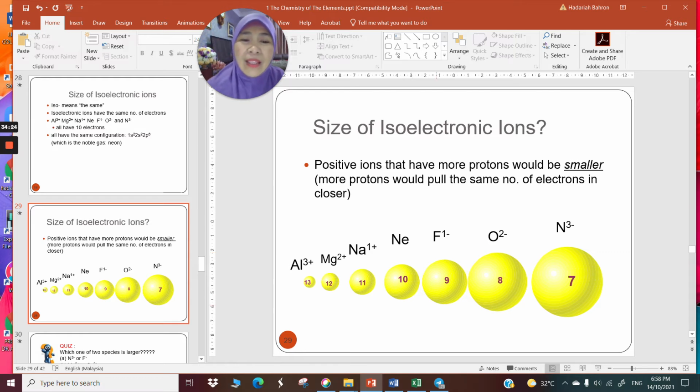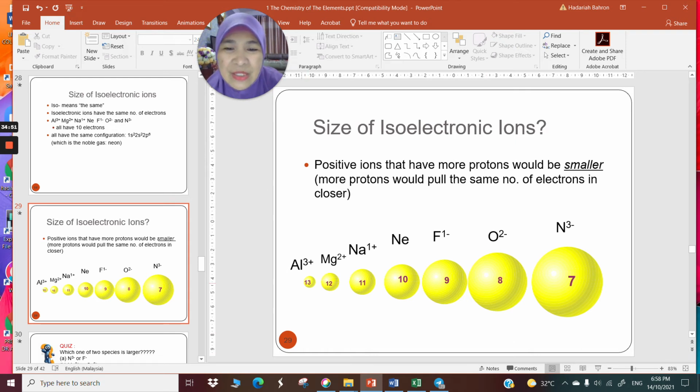Yeah, 10 electrons: 10 protons in the nucleus, 9 protons in the nucleus, 8 and 7. So this is how the sizes of these species will look comparative to one another.